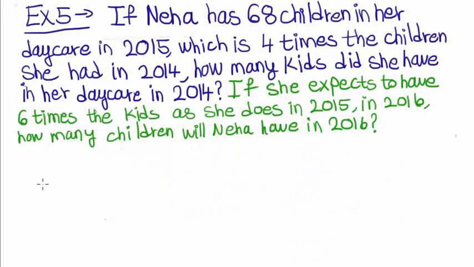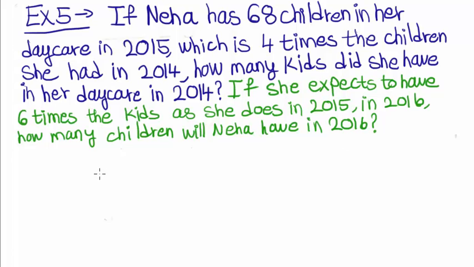Now for the second part of the problem, it reads, if she expects to have 6 times the kids as she did in 2015, in the year 2016, how many children will Neha have in her daycare in the year 2016?